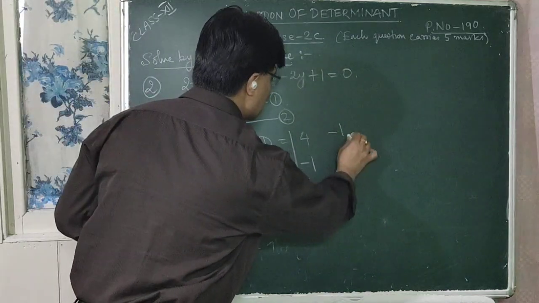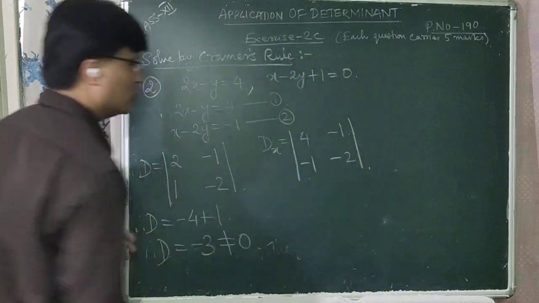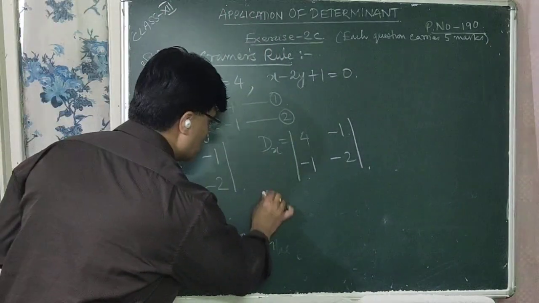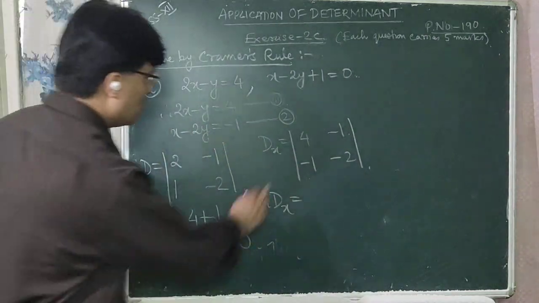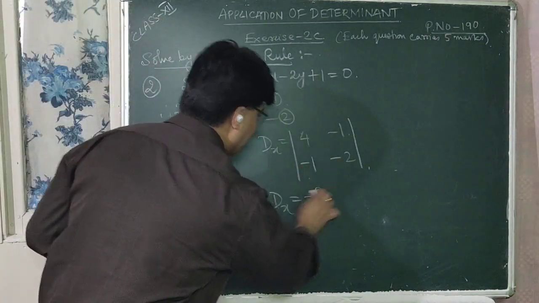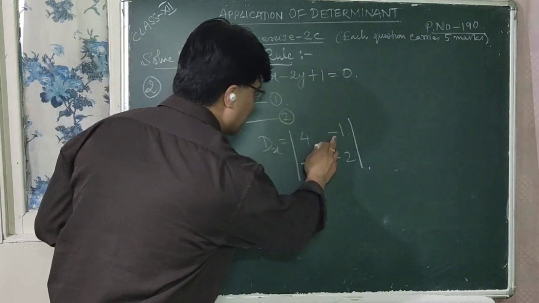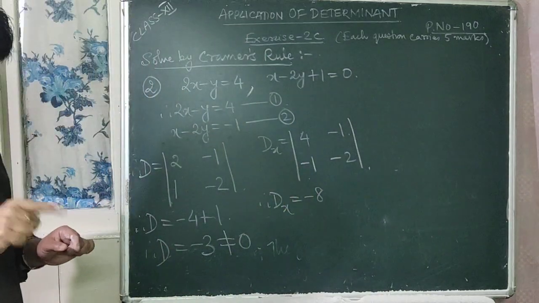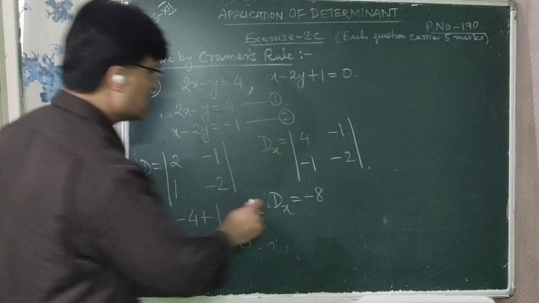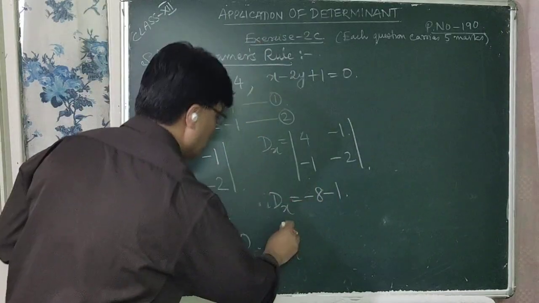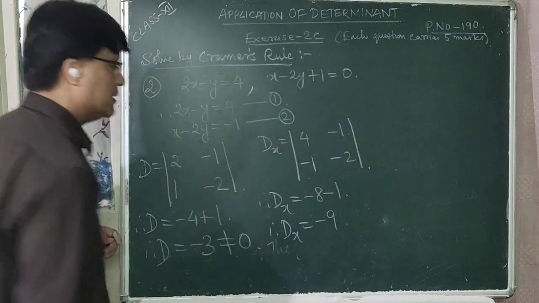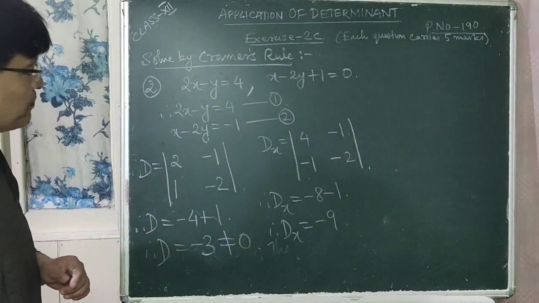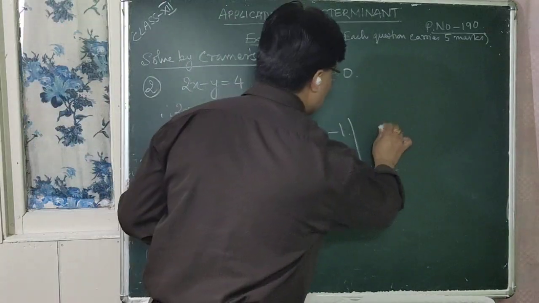Is it clear? So what is dx now? You can expand it. 4 into minus 2 is minus 8. Minus into minus is plus, but you have to write minus sign in between the two terms. So it is minus 1. Therefore dx is equal to minus 9.